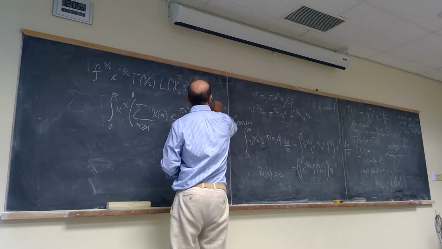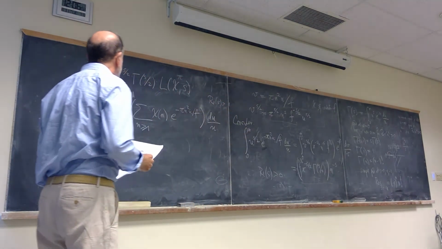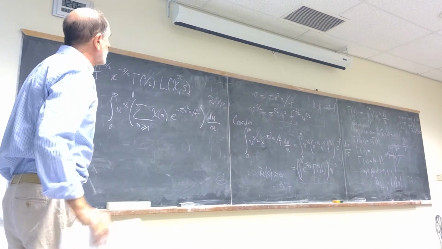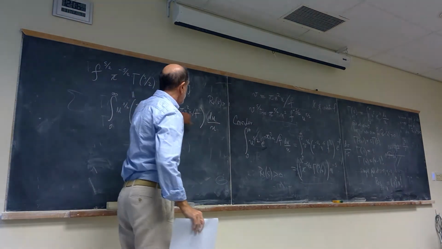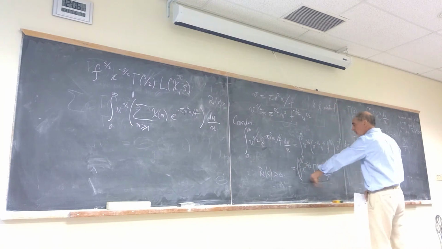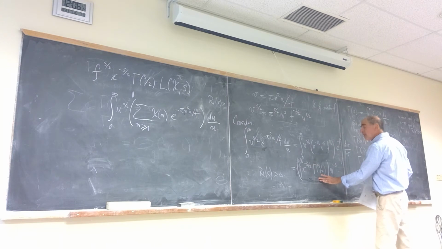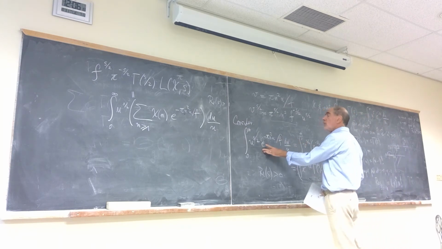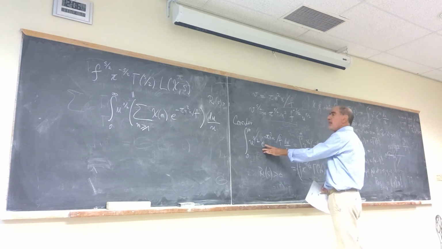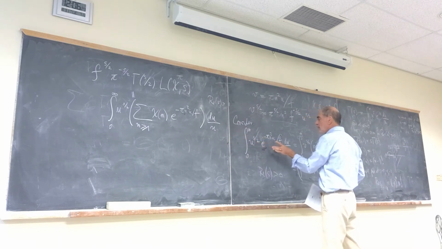And now that only makes sense for a real part of s greater than 1 because I've used the fact that I've switched the integral and the sum. So for each term in the sum, I got an expression in terms of this integral. I sum these integrals up over the positive integers with the factor chi put in, and then I rearrange that to be, instead of the sum of the integrals, the integral where I put the sum inside.